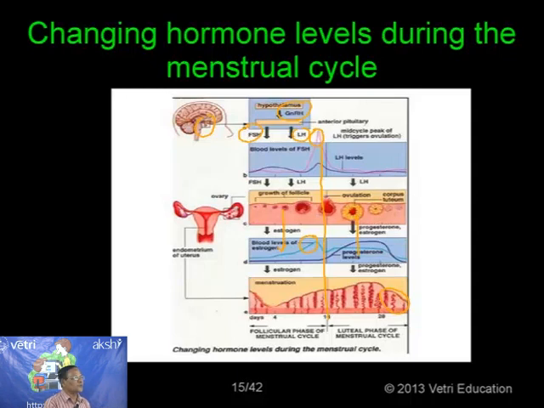So these are all the different events. Don't forget that the predominant ovarian hormone during the follicular phase is estrogen, and during the luteal phase is progesterone. On day 14, the hormone which reaches the surge level is LH. The two anterior pituitary hormones more in concentration during the follicular phase are LH and FSH.